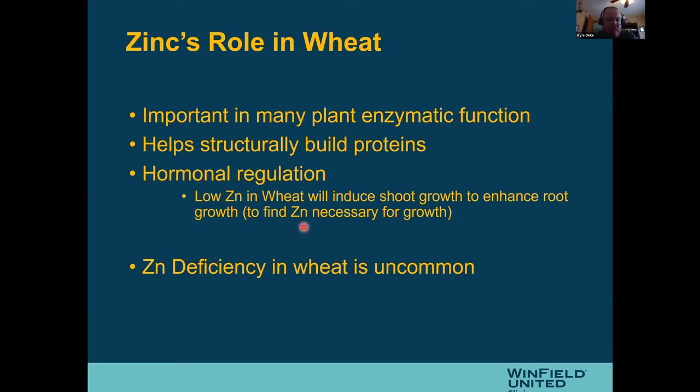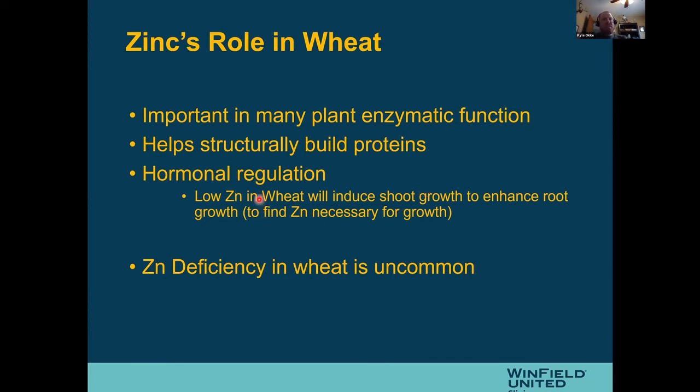But probably one of the biggest things, and that's the phosphorus-zinc interaction, is that low zinc in wheat will actually inhibit your shoot growth. So your tillers and your initial stems will actually grow less or become stunted, and the plant will start to grow roots more so they can search that out.